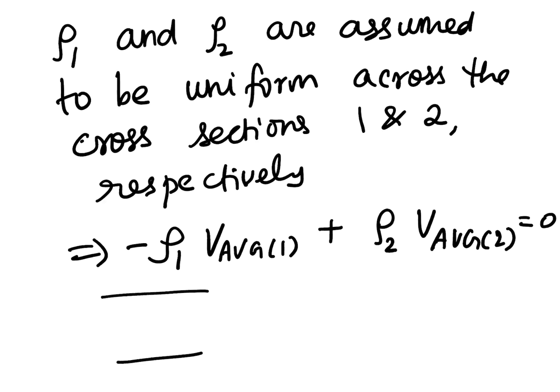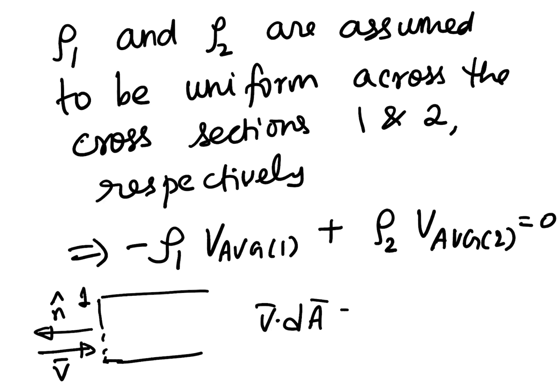I have my inlet section 1, I have my normal pointed outwards and my velocity pointing inwards. So I have V dot dA equals V dot n times dA. Now, even if you don't do very serious vector algebra, you could say that if V and n are exactly opposite to each other, this quantity is basically minus V.